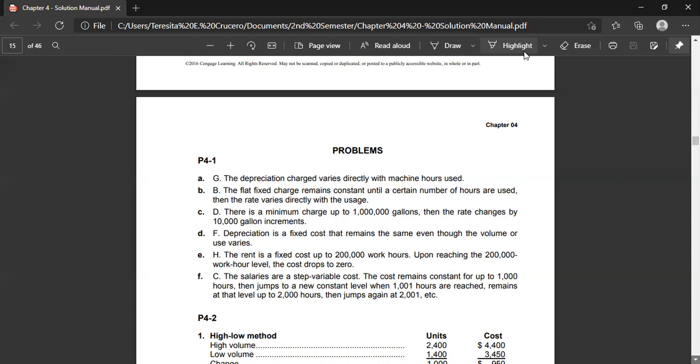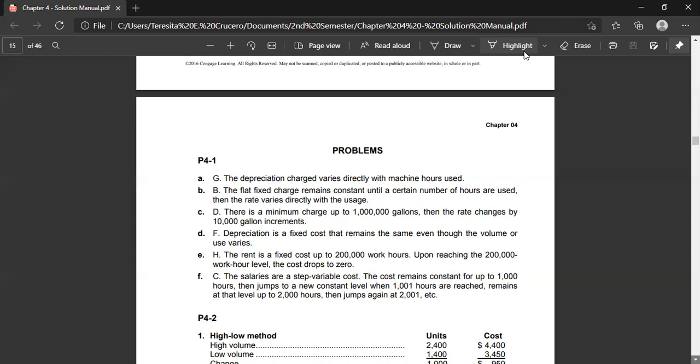Letter C. Then letter D. Letter E, again, we have not used letter E, but we have letter F and letter H. And of course, we have letter G.